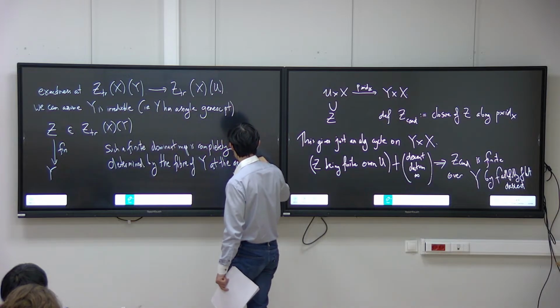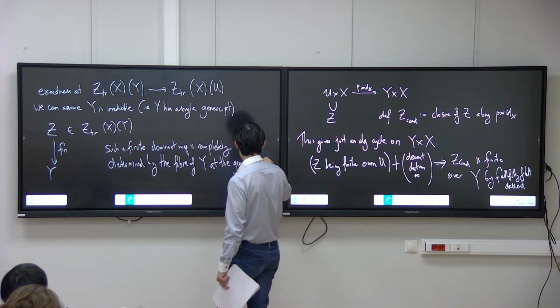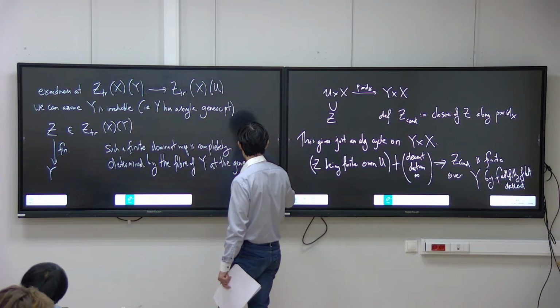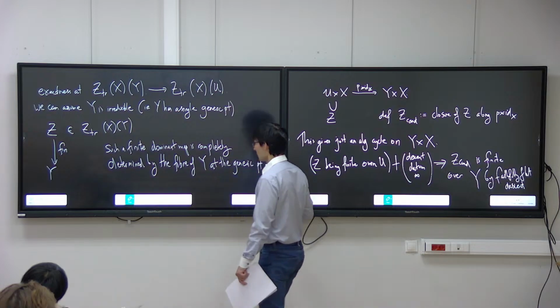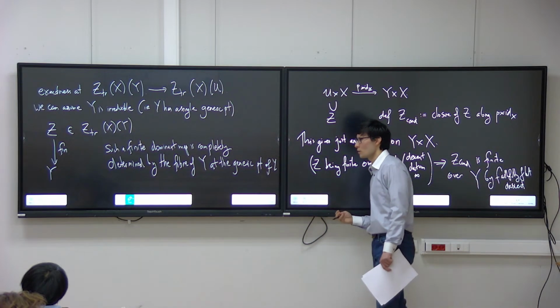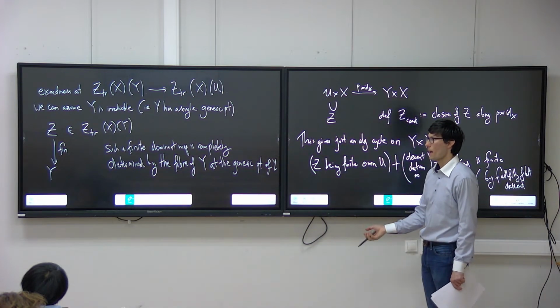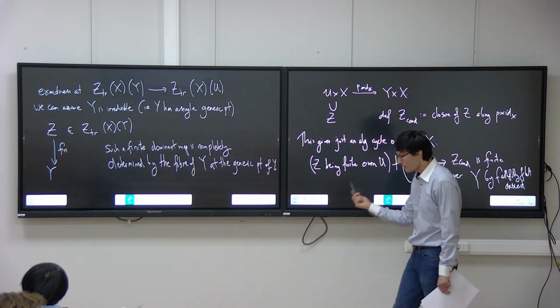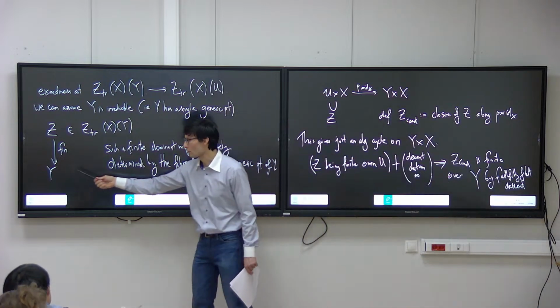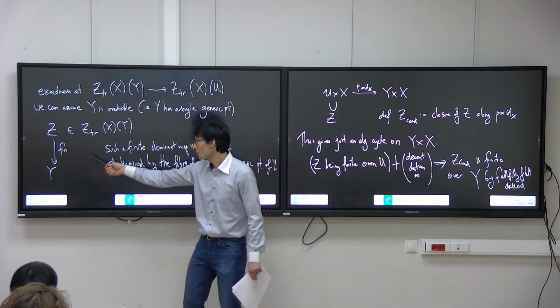Basically, the situation is that the base has a single generic point, and you have a finite map.